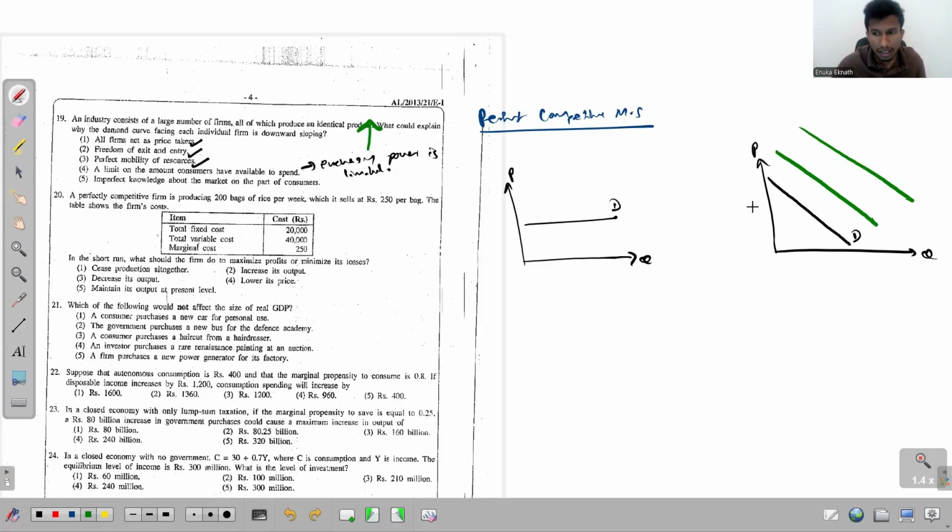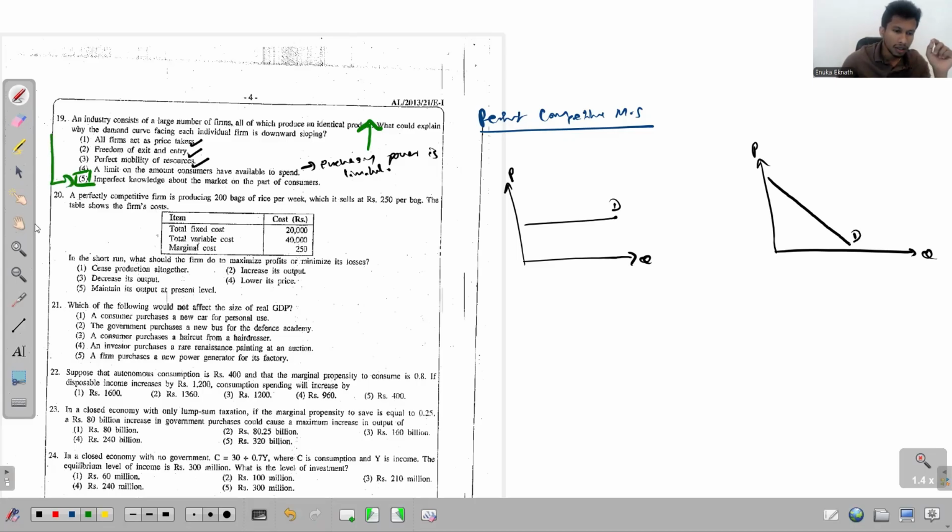If their purchasing power is reduced for some reason, again the position of the demand curve will change, but the shape will still remain the same. Hence, purchasing power will not influence the shape of the demand curve, it will influence the position of the demand curve. And our answer for this 19th question is the fifth one.